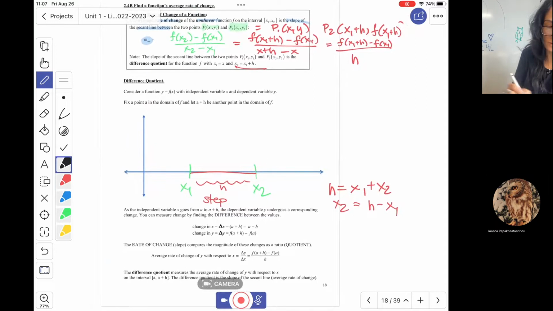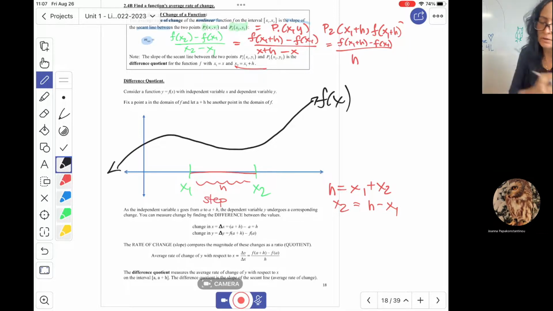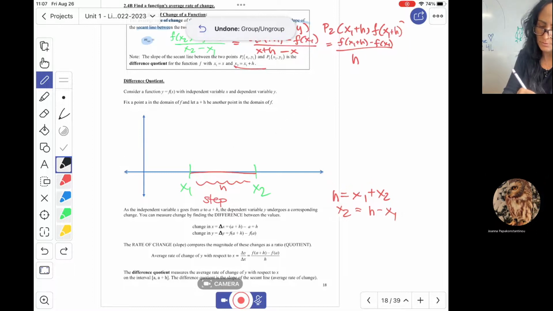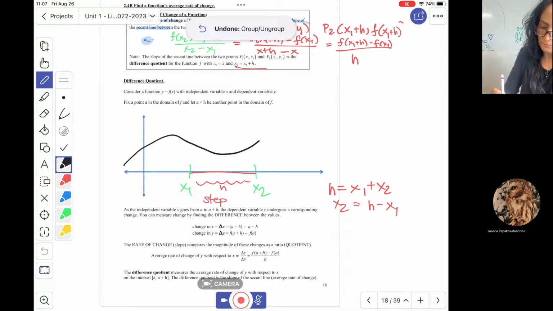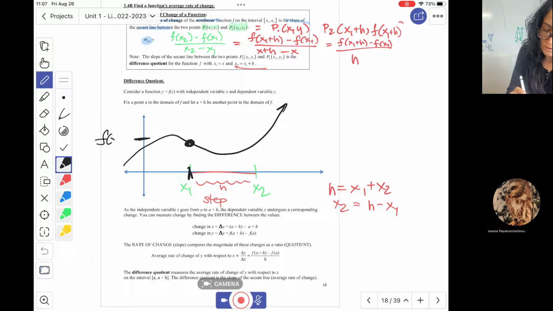So let's draw that and see if we really understand what that is. There's a nonlinear function. There's my f of x. It's nonlinear. Actually, let me make it a little bit steeper just to make this abundantly clear. No, I don't like that. Yes, I do like that. If this is x1, then this is f of x1, that's the y for our first point.